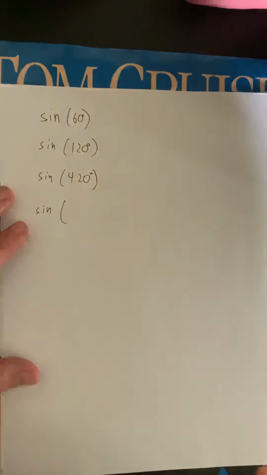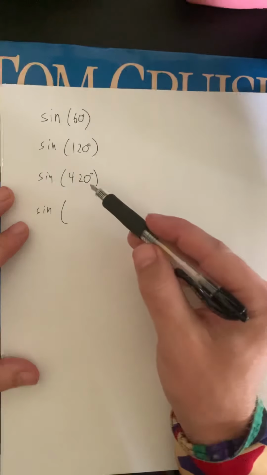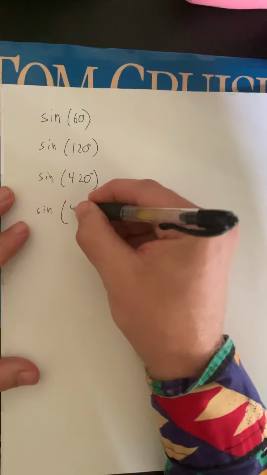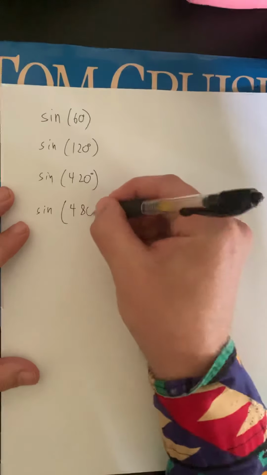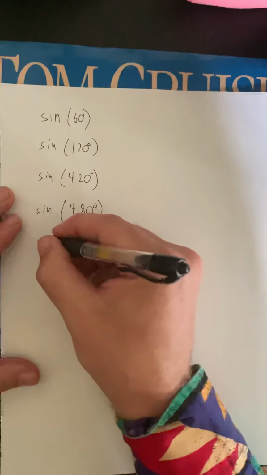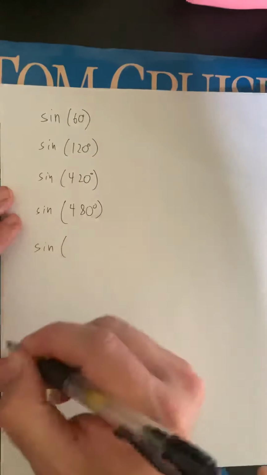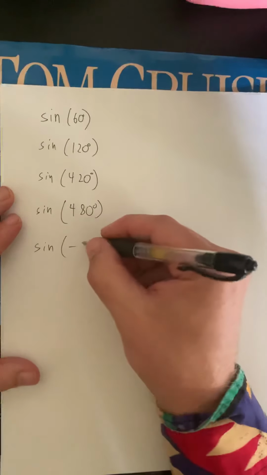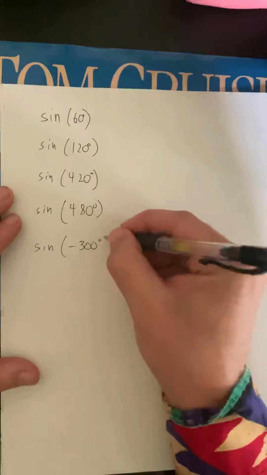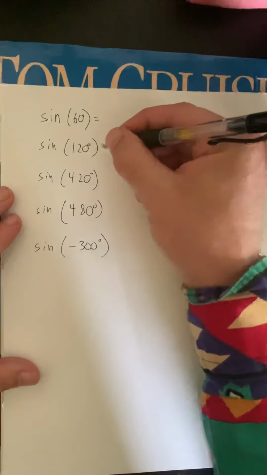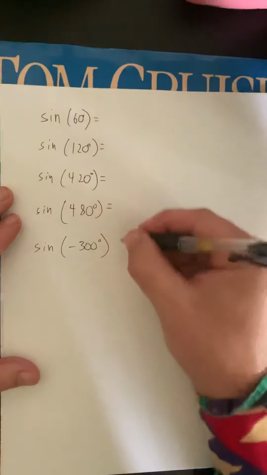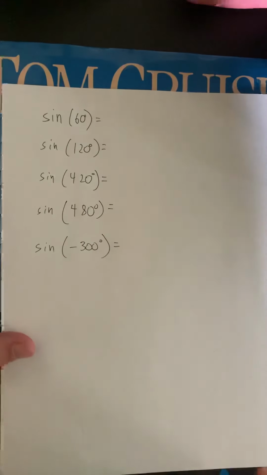Sine of 480 degrees. And finally, sine of negative 300 degrees. Okay, go ahead. Pause this video and evaluate these trig expressions. Draw a little unit circle and see what you get.